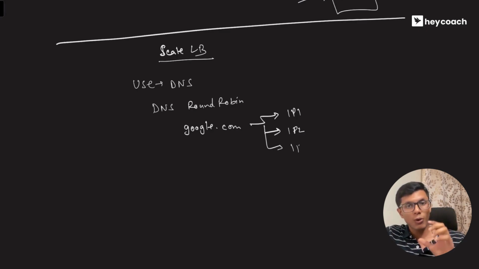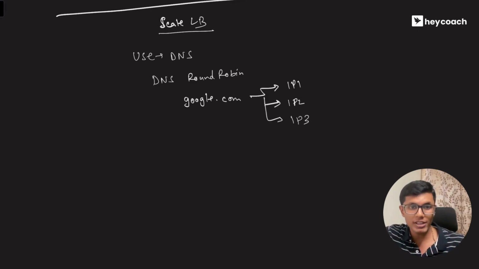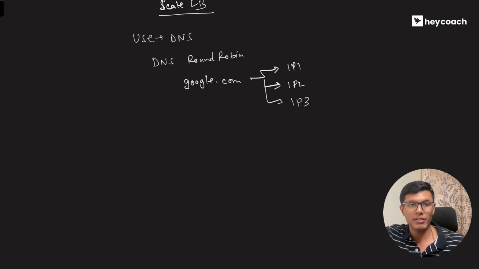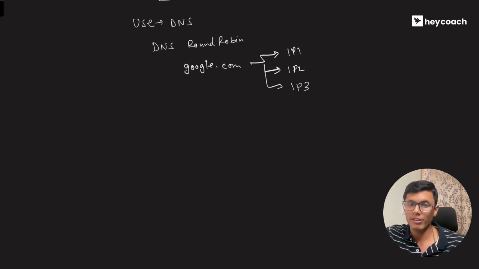Since Google and Amazon support a lot of traffic, they have multiple IP addresses, and each of the IP addresses is nothing but an IP address for some load balancer. So we can configure multiple IP addresses for our website or any domain, and then DNS can pick any IP address and start sending the traffic there.